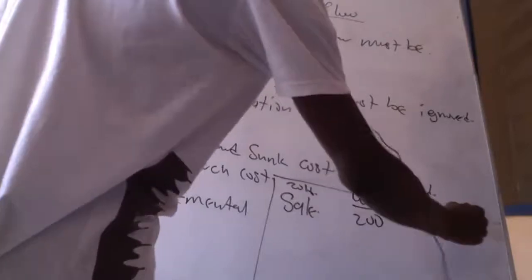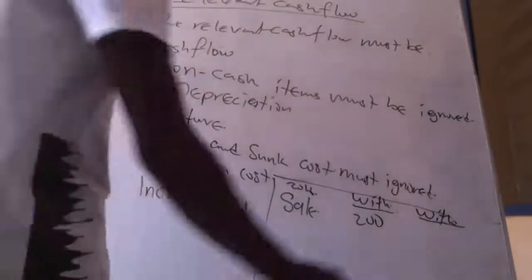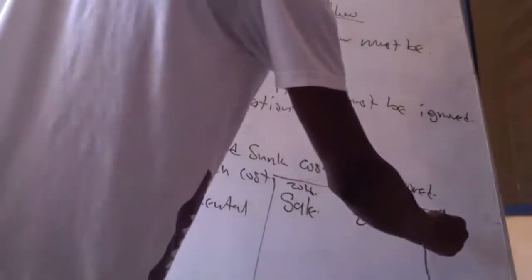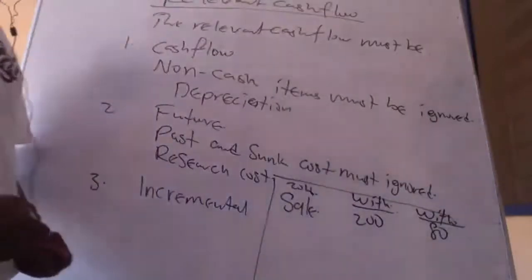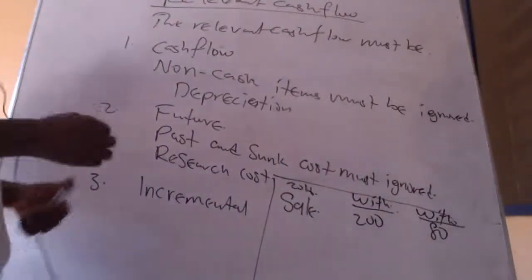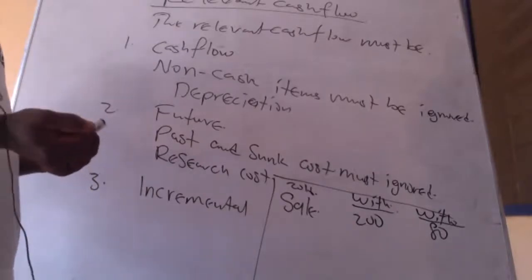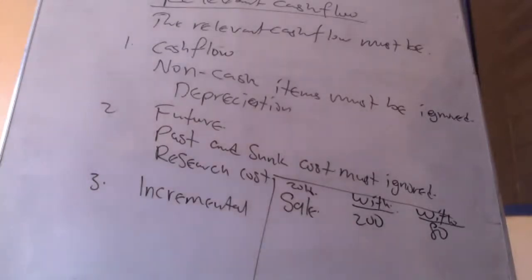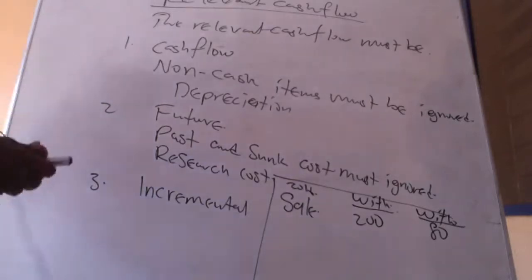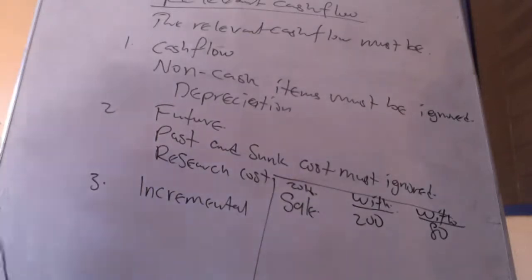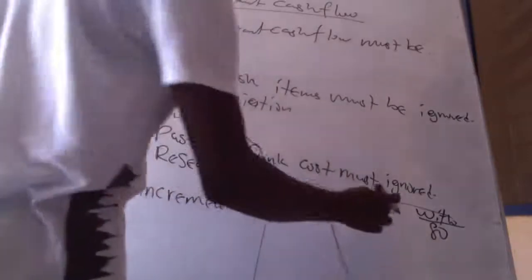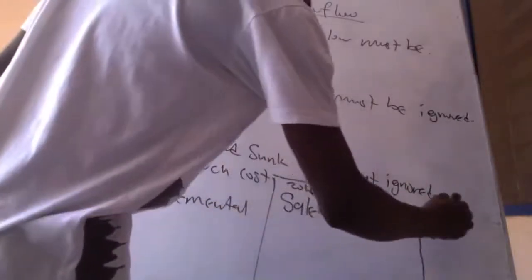Without the project, sales revenue is what? It's 80,000. Good. Now tell me, what will be the revenue that we are going to use to calculate the NPV in 2016? Will I use the 200 or the 80? Tell us.